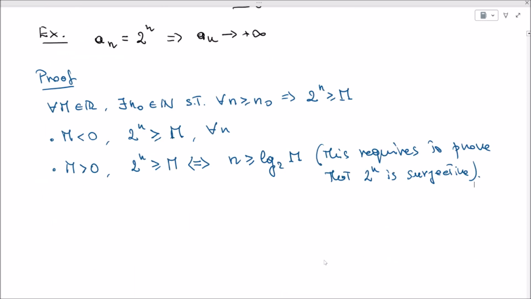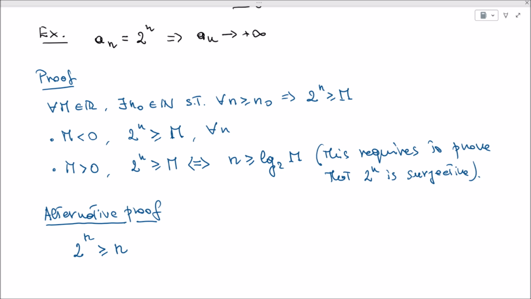So we can now have an alternative proof by using the squeeze theorem. Okay, so let's suppose that we can prove that 2 to the n is larger than or equal to n.